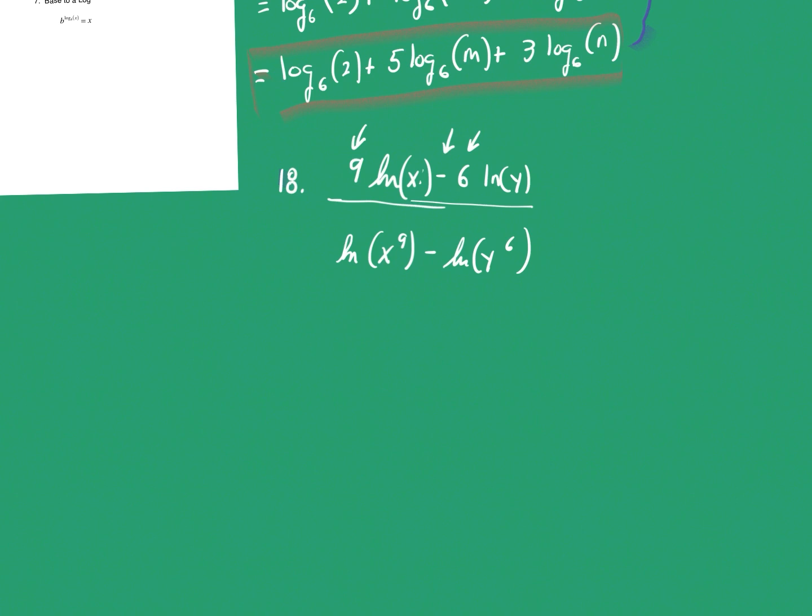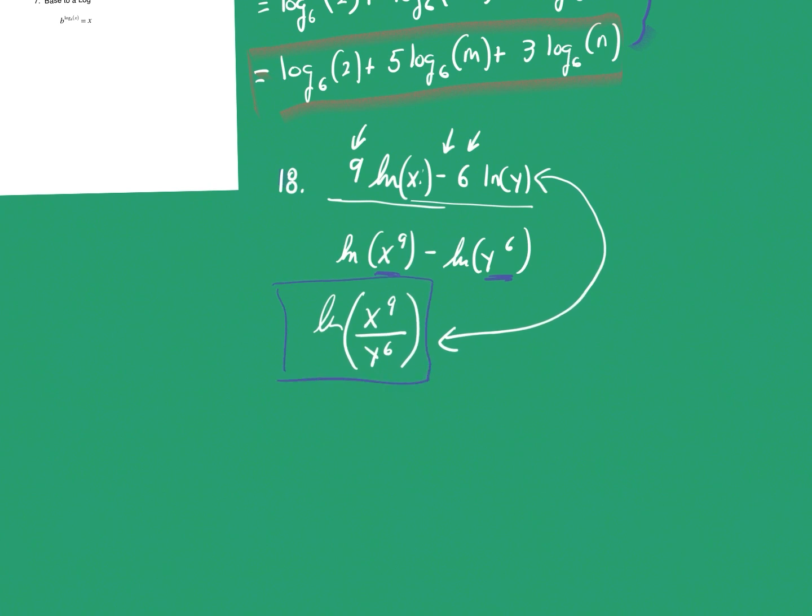We use that to get everything inside of our parentheses. So now we can say ln of x to the 9th over y to the 6th. Okay, and this is more of what we're usually doing, taking something kind of complicated with several terms and putting it into something nice and concise like this.